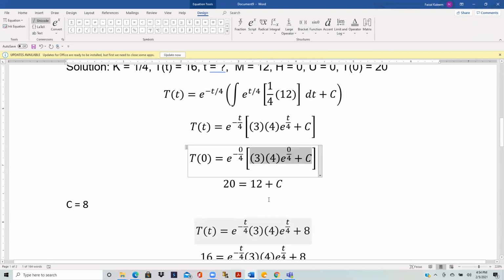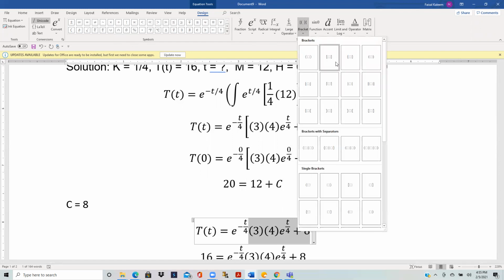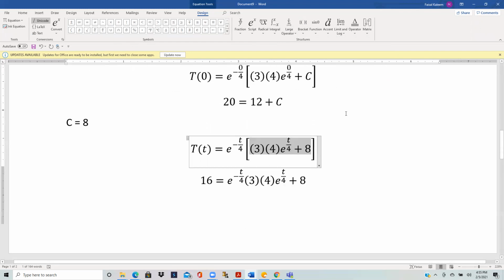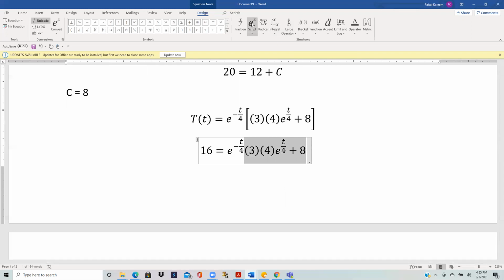So 20 is equal to 12 plus c. So it doesn't change the value of c, but it will change this thing. And now it's like that. So it doesn't affect the value of c, but it will affect what happens afterwards.